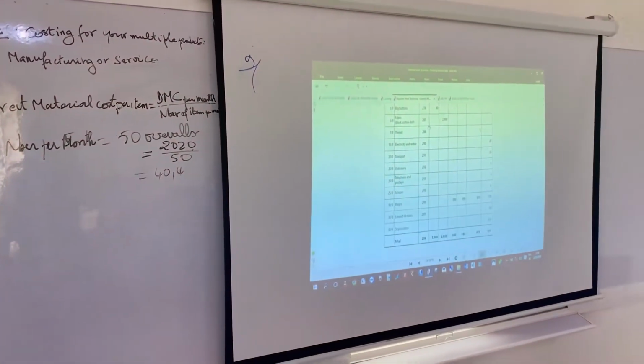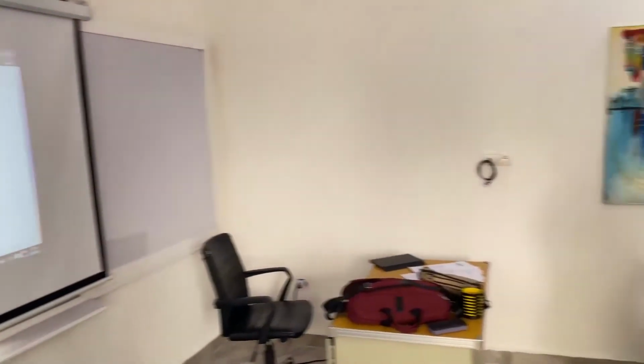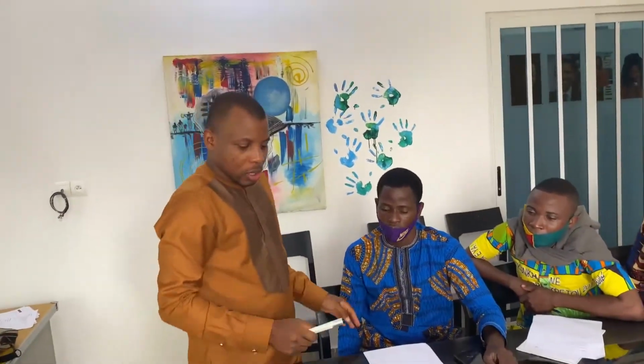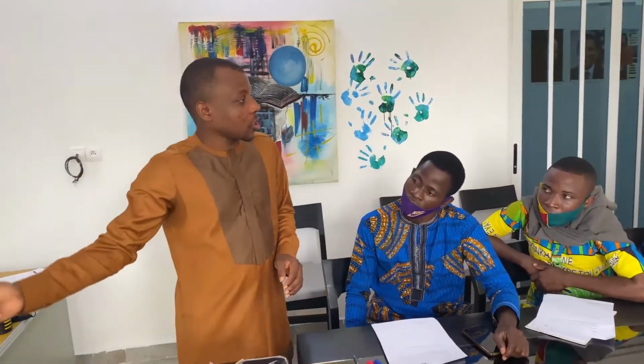So now we will proceed per group. Okay. Since we have our group, this group and this group. So if you want to make any calculation now, I can ask both groups, but one group will answer. You give the answer, right? Okay. The second cost we need to calculate is what? Direct labor cost.